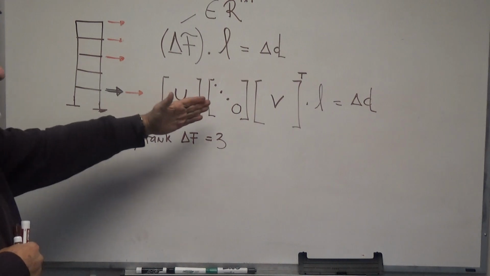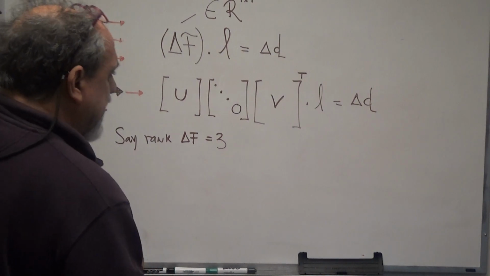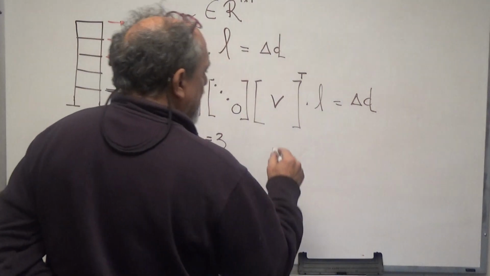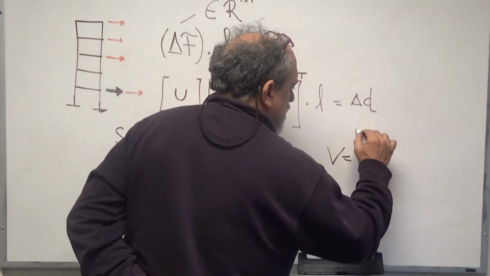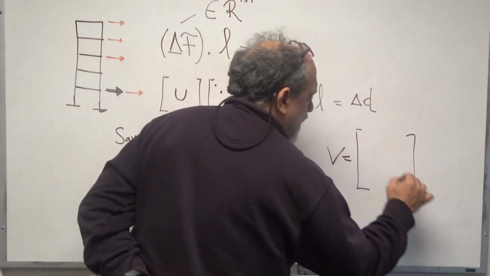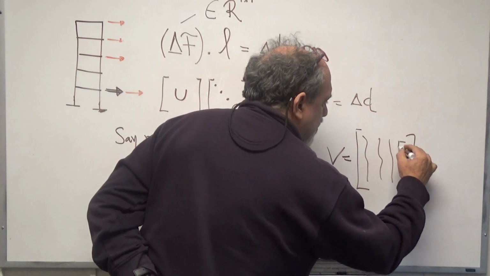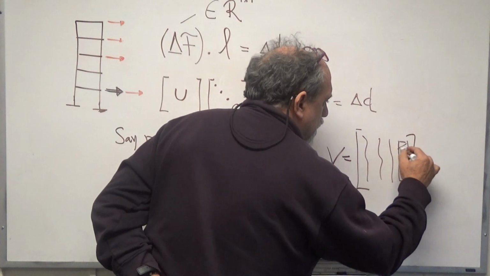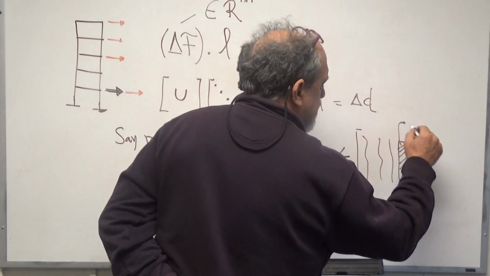Now, let's say that the rank of delta F was 3. That means that there is one 0 singular value. What that means then is that there is a vector L. In fact, in this case, the last column of V, in our case, has 1 column, 2 columns, 3 columns, and then this column of the vector B is the null space, right?